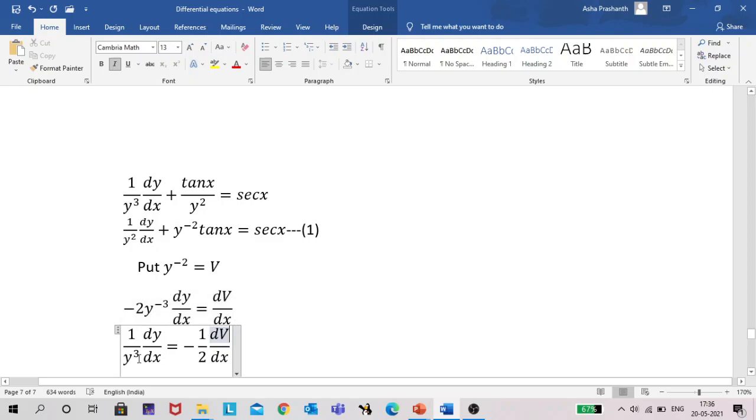This y to the power of minus 3 can be written as 1 by y cube dy by dx. I'm taking this minus 2 to this side, you will get minus 1 by 2. Okay, in place of this, in the equation we have this, right? Sorry, here we will get 3.